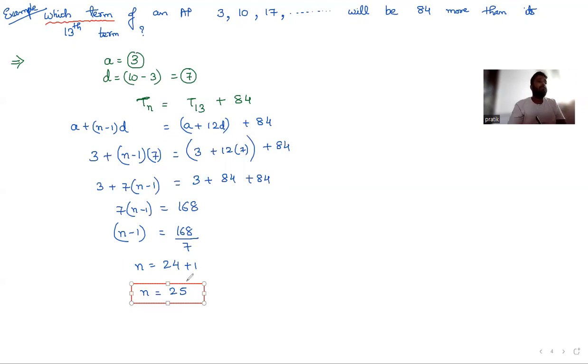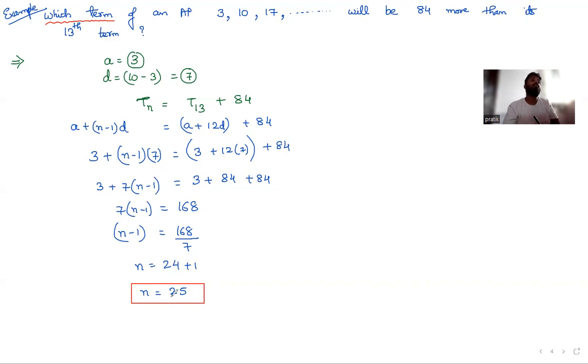So that is the position of it. Now, in case they ask you what is the nth term value, then you'll have to write it. You can directly find it out. That is 168 plus 3, 171. Basically, T25 is 171. If you want, you can check it out. But they didn't ask you to find T25.